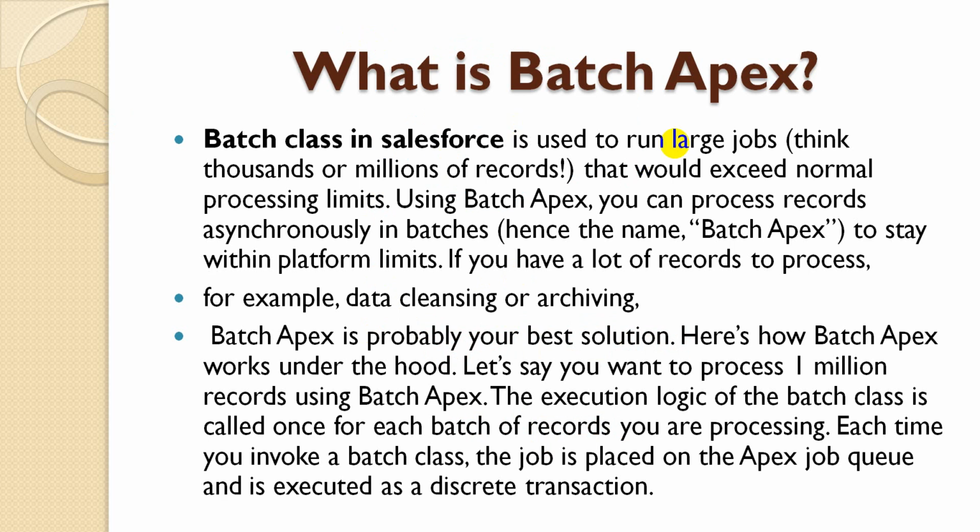Think thousands or millions of records you want to work on. That would exceed normal processing limits because of governor limits in Apex. Using batch Apex, you can process records asynchronously in batches, dividing them, hence the name batch Apex.